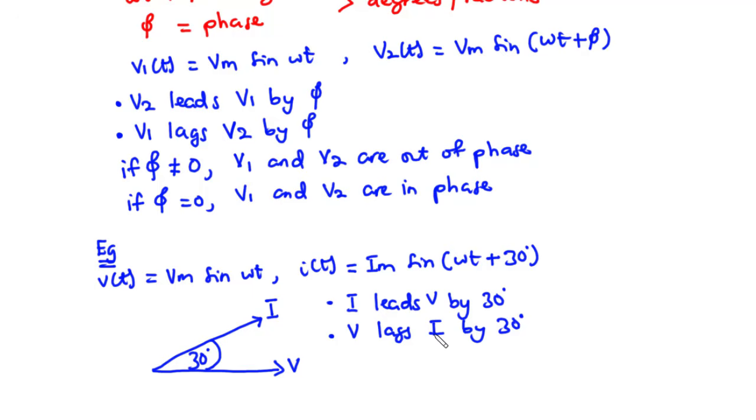Now V lags I by 30 degrees simply because if we want V to point in the direction of I, then we need to rotate V in the anticlockwise way, that is 30 degrees, in order to point in the direction of I.